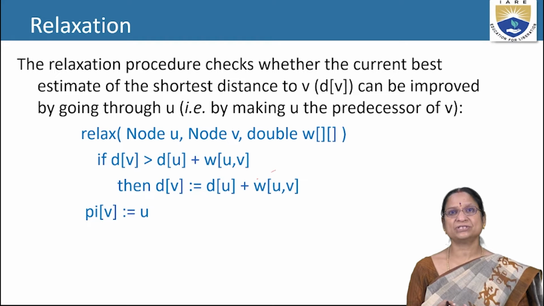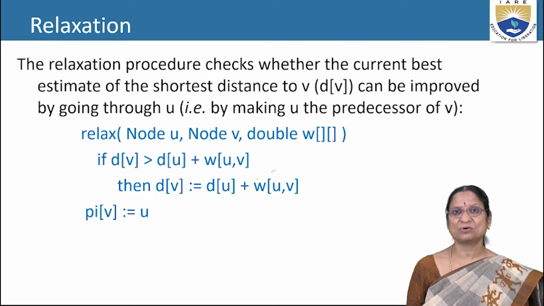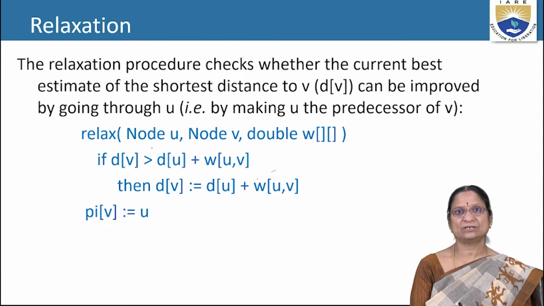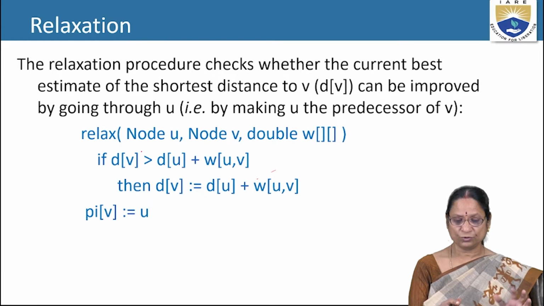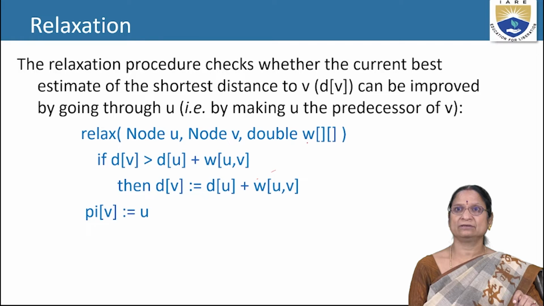This is going to be checked for all directly connected edges or vertices from U, which was selected as its shortest distance was found already. So this is the relaxation small code or code stub: node U, node V, and weight.